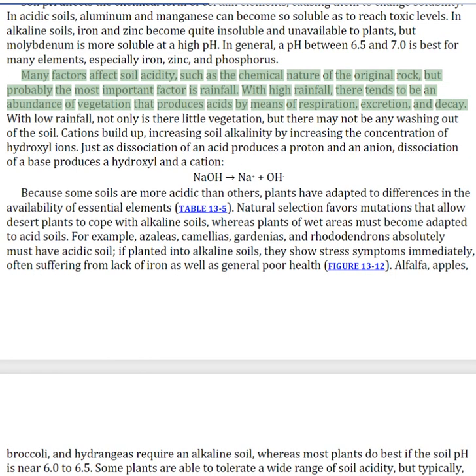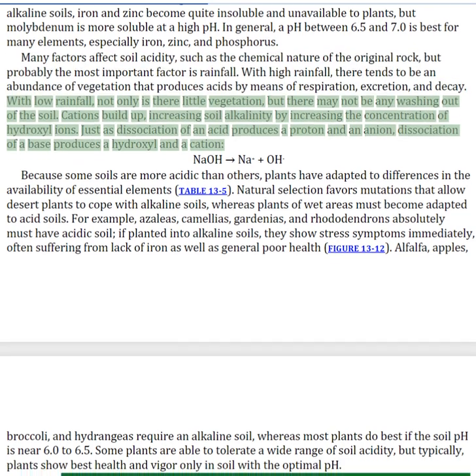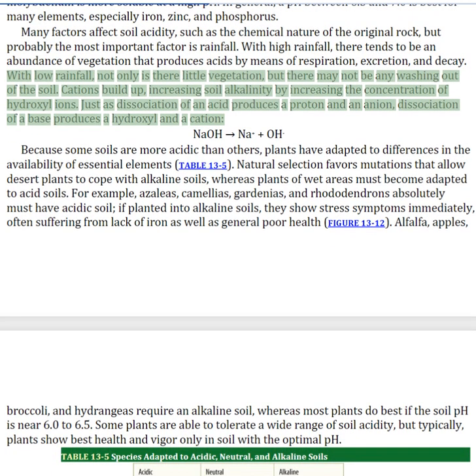Many factors affect soil acidity, such as the chemical nature of the original rock, but probably the most important factor is rainfall. With high rainfall, there tends to be an abundance of vegetation that produces acids by means of respiration, excretion, and decay. With low rainfall, not only is there little vegetation, but there may not be any washing out of the soil.